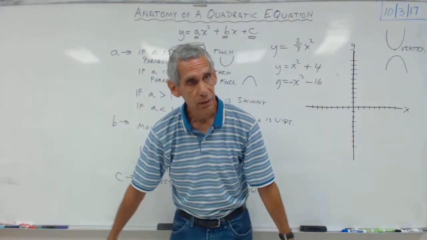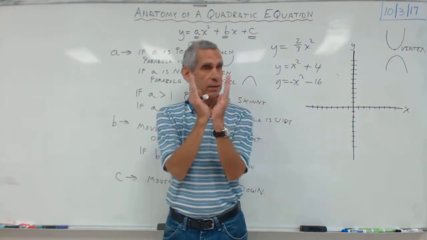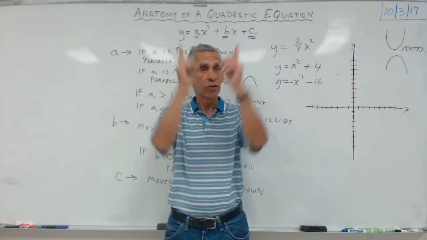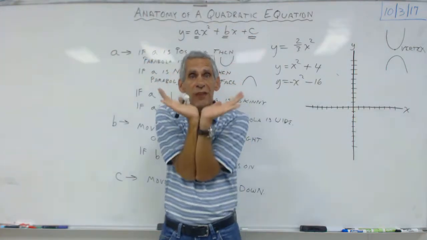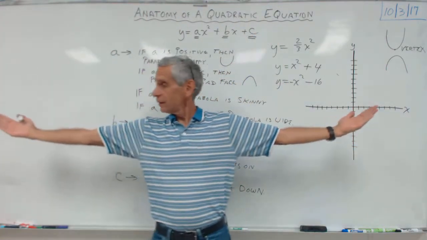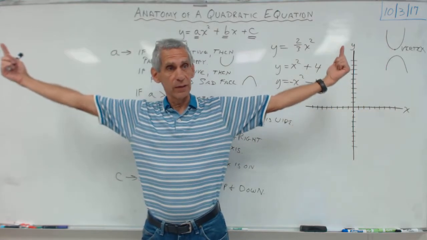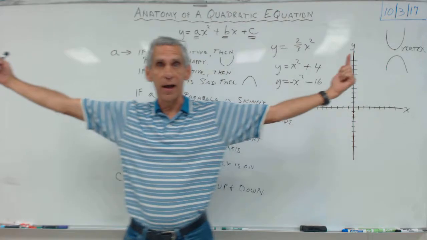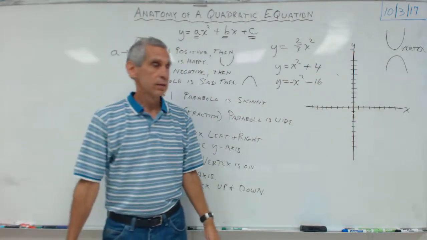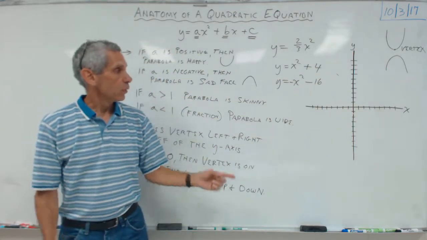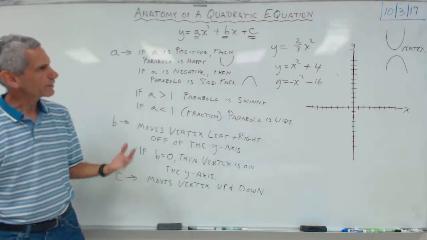Because when they're narrow, they're still going up forever. But when they're really fat, they take a while to get going, but they're going up forever. They're both going up infinitely high or infinitely low, whether it's fat or skinny. But what about C?